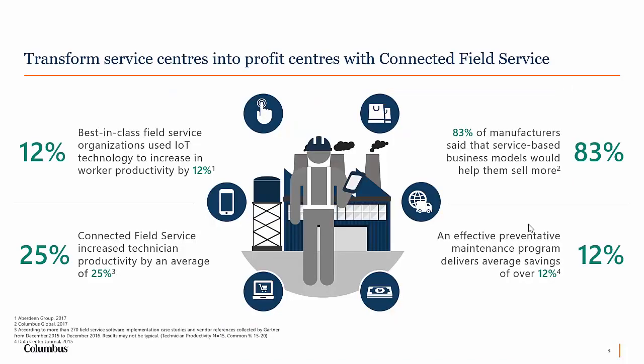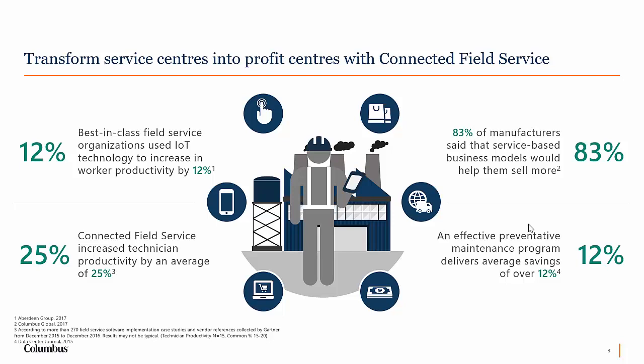In summary, if you look at connected field service, the IoT technology can increase worker productivity by an average of 12%, and the technician productivity can go up by an average of 25% with connected field service.